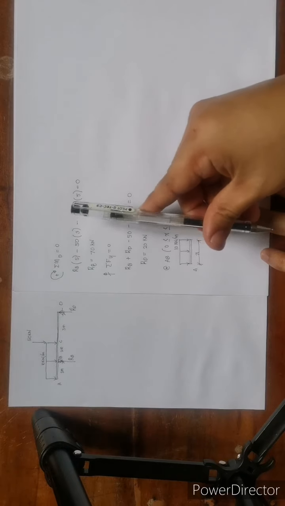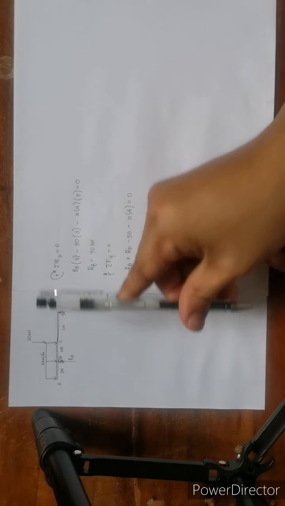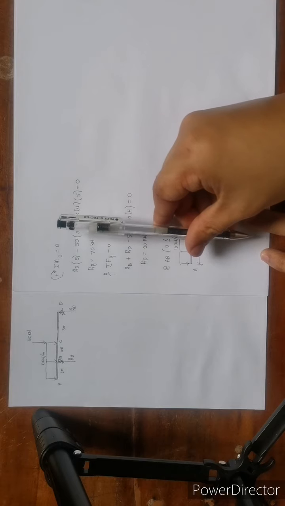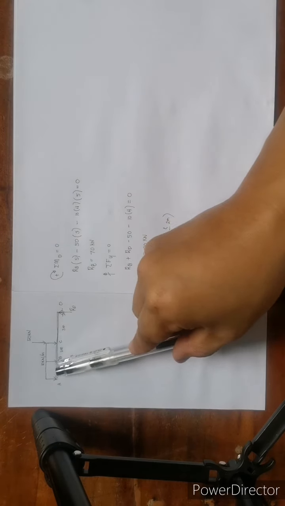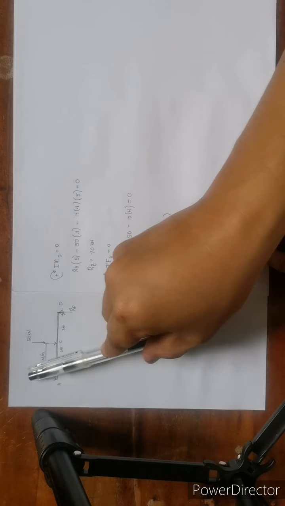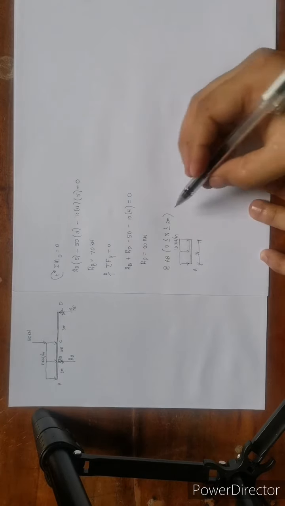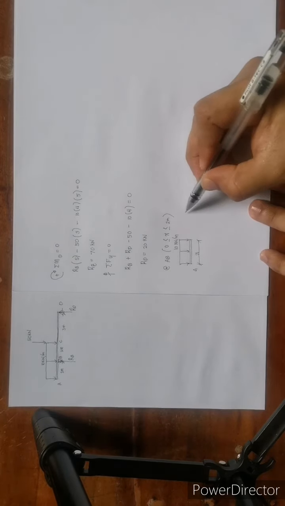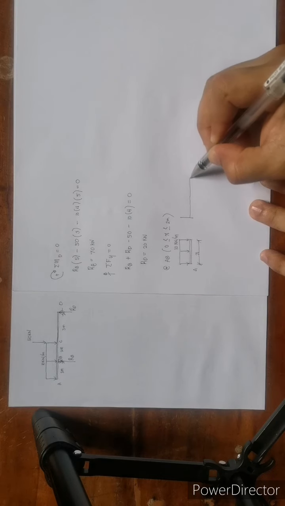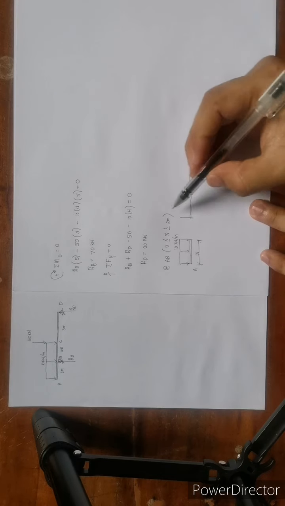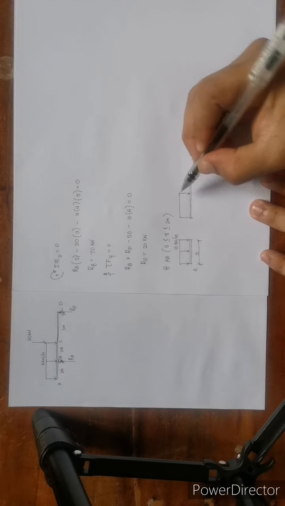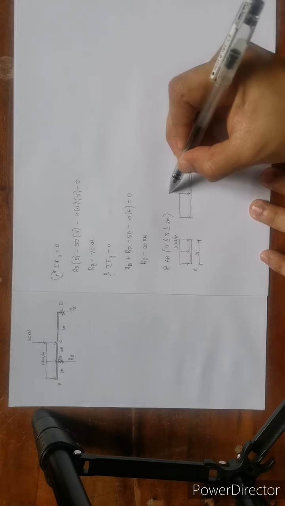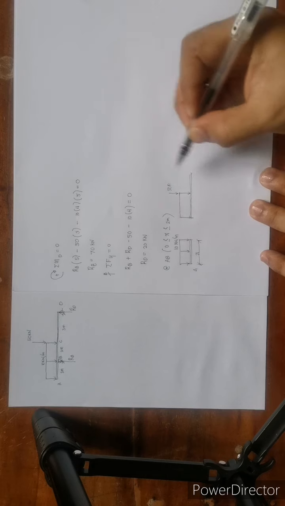Kinonsider po natin yung section na nasa left side. Pwede nyo rin pong i-consider yung section na nasa right side. Kaya lang, yung section natin na nasa right side, medyo mas madaming force na i-consider. Pero kung i-drawing po natin yun, ganito po yung magiging kalalabasan. This is 50.